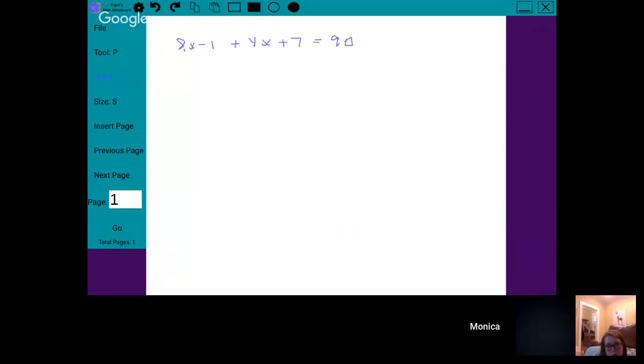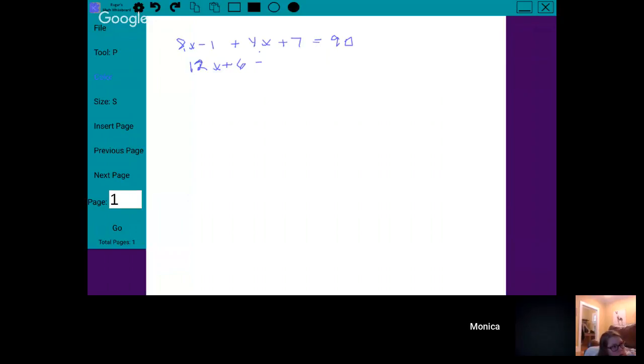Right. So we'll combine our like terms. We have a positive 8x and a positive 4x, which would give us 12x. And then minus 1 and a positive 7 would give you a positive 6.